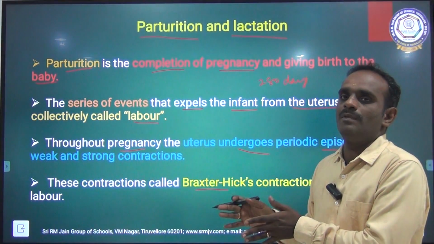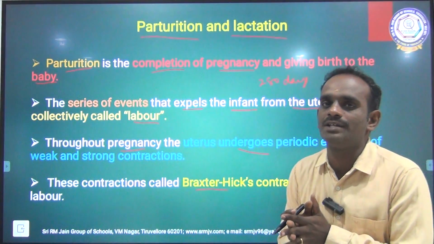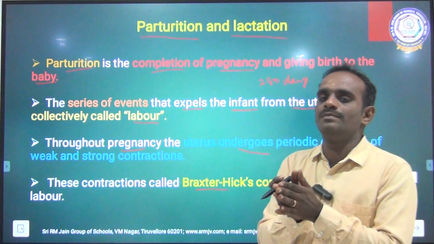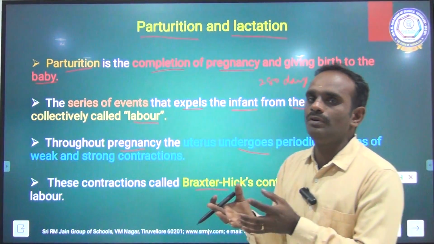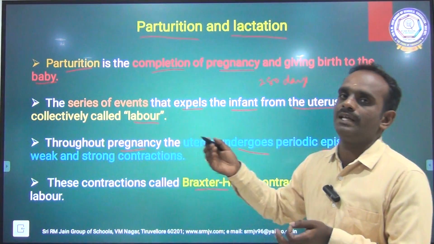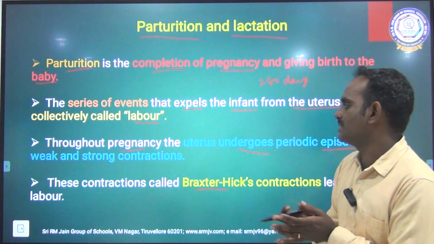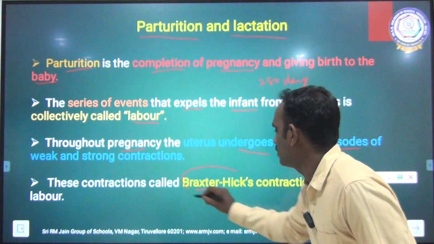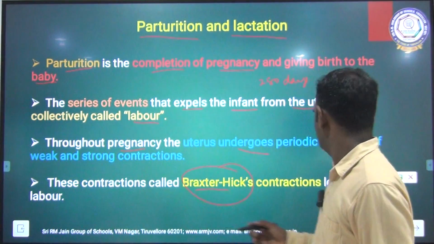Only at the time of delivery do we have the true contraction of the uterus. Before that, the contractions starting from the 6th month are not true contractions. These Braxton-Hicks contractions lead to false labor. Clear?